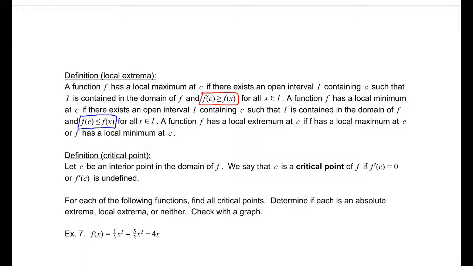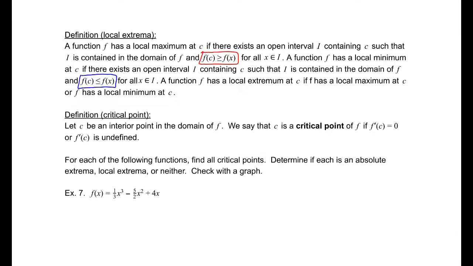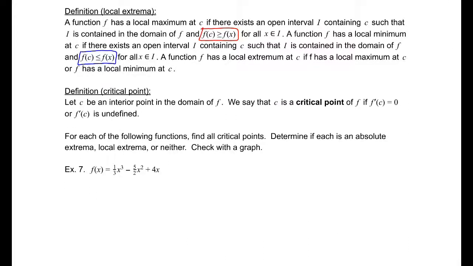So critical points or endpoints are the values we could check for local or absolute extrema. So let's go ahead and look at this function. We'll want to set the derivative equal to 0 or see where it is undefined, and check endpoints.